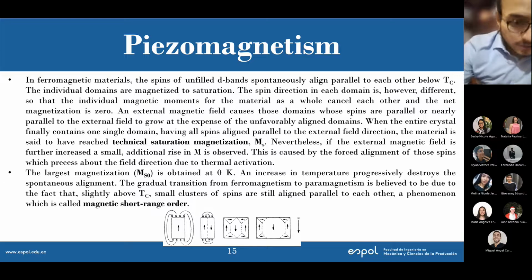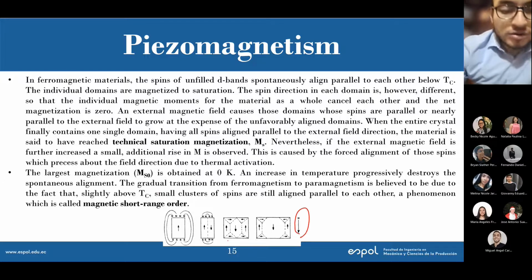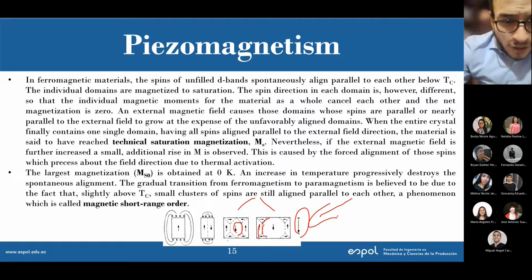Now, if I put an external magnetic field, what will happen is that those domains whose spins are parallel or nearly parallel to the external field will start growing at the expense of the unfavorably aligned domains. So basically, it's this. Look at this, for example. That is the direction of the field, right? And compare this versus this. You can see that the one in the middle is more favorably oriented, it's oriented with the field, so it starts growing or expanding, and the others that are not aligned with the field become smaller.